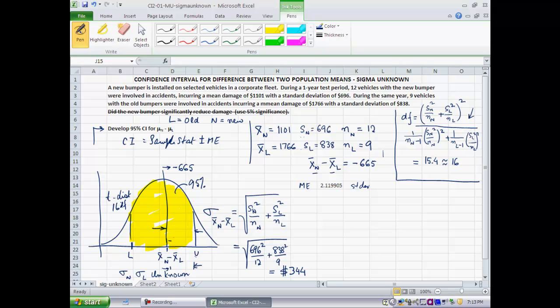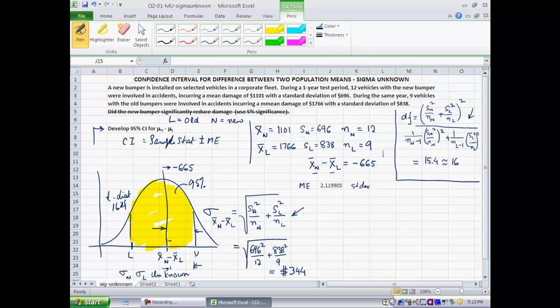You again remember from the hypothesis testing problem that we solved here, the standard deviation of the sample statistic, in this case sigma of x bar n minus x bar l, is given by this expression here, and you can see the two populations showing up in their respective samples, N and L, that's the set of cars with the new bumpers, and L representing cars with the old bumpers.